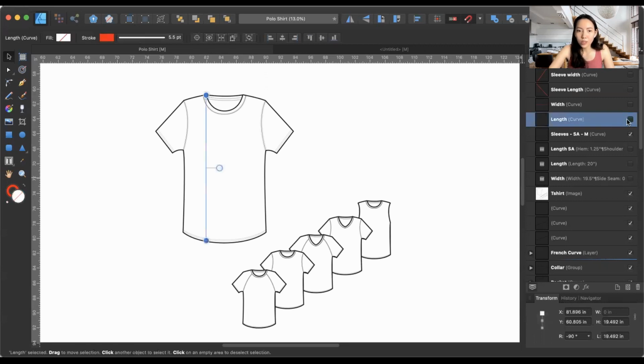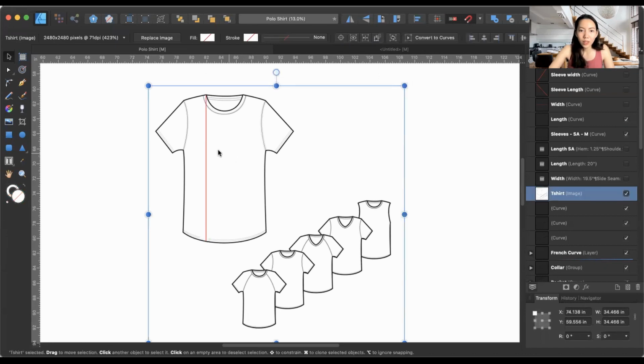Once you have that, you're going to see the measurement could be around 20 inches. So let's just say for now that the measurement is 20 inches. That's your length. And you're also going to measure the width of your shirt there. Let's say your width is 19.5 inches.